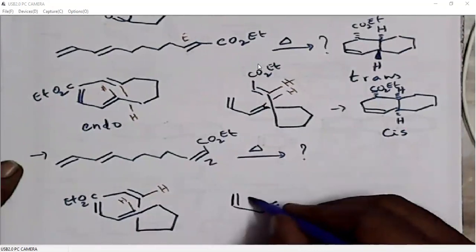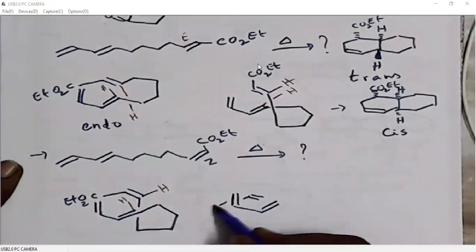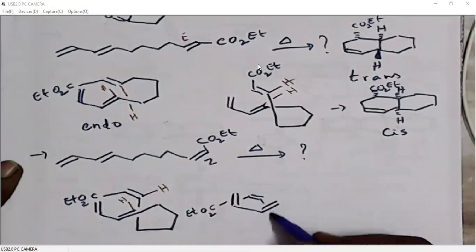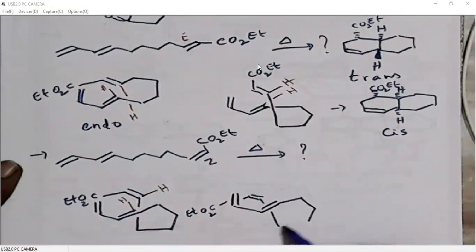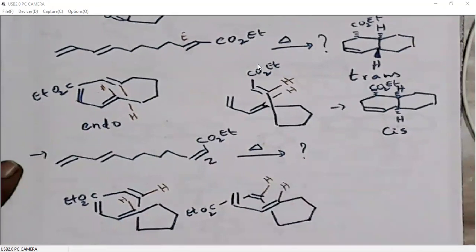If I draw a simple small diene, then for example, if it follows endo, it will be like this. Then we have four alkyl groups. And when we place the hydrogens, these two hydrogens are cis and this is trans to this. So the ring fusion is cis. What is the ring fusion?